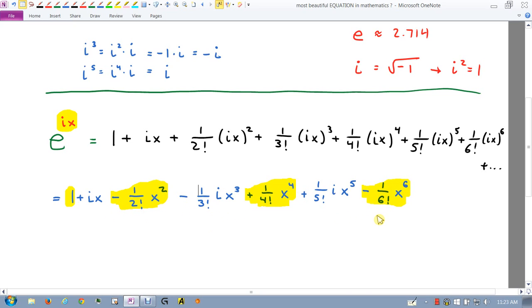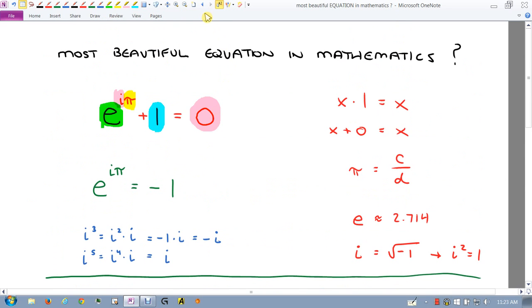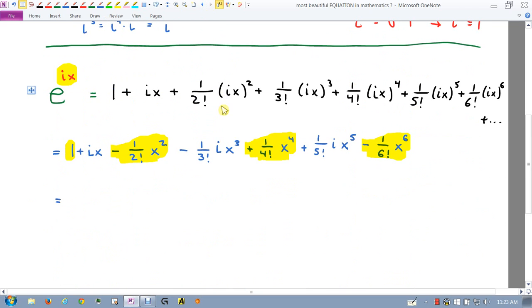Do you recognize that? What is it? We just did it. It's cosine x, isn't it? Isn't that cosine x right there?